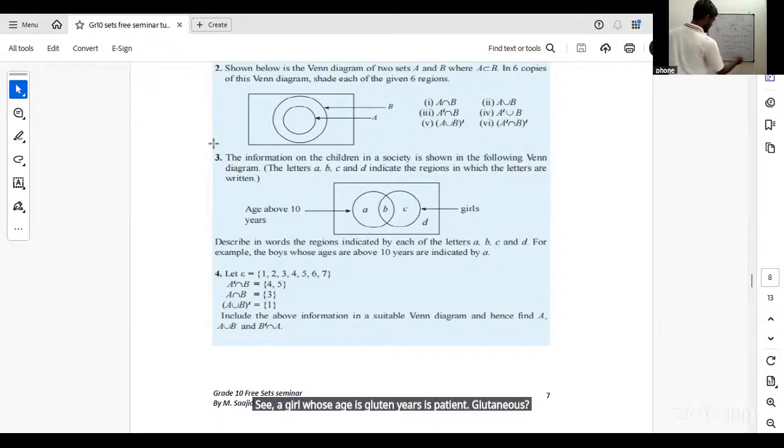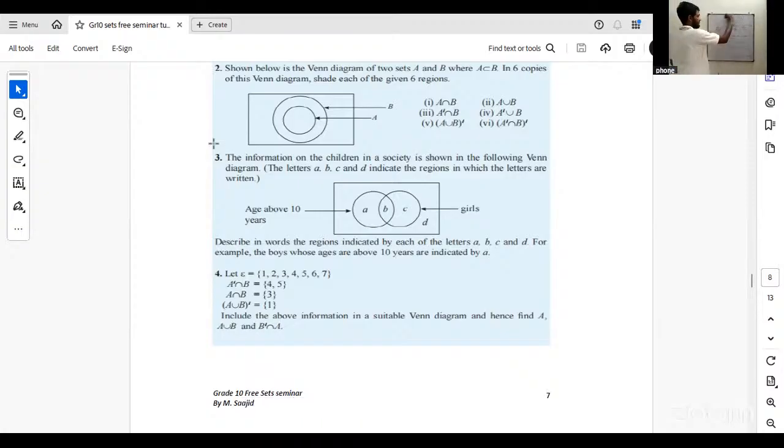Boys whose age is below 10 years is outside. That is the third question. Then we have to do the fourth one.